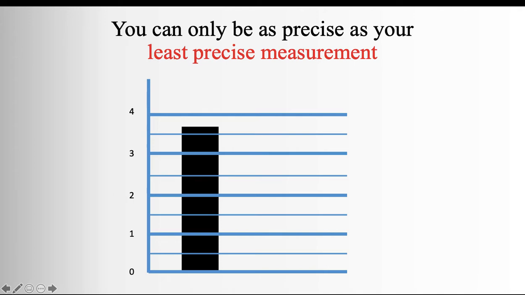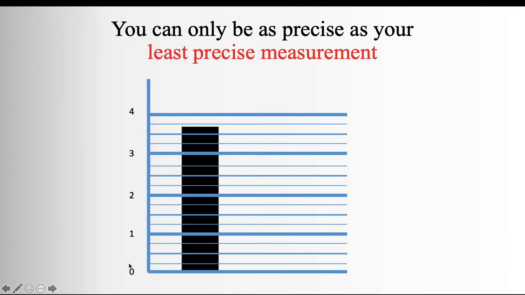What would happen if I divided it into another half? So I took the halves and I divided them into halves, which means that I've divided into fourths. My original 1 division is divided into fourths.